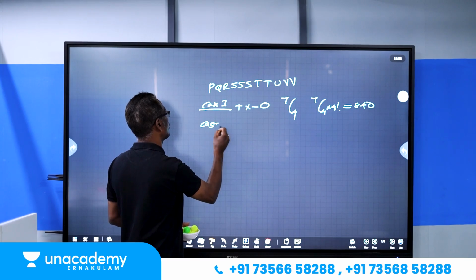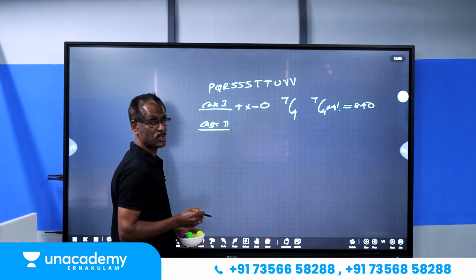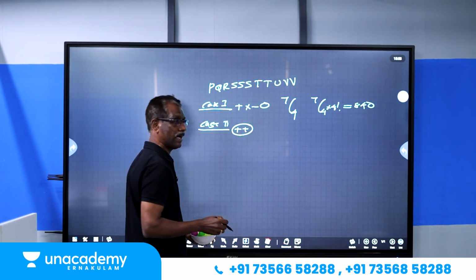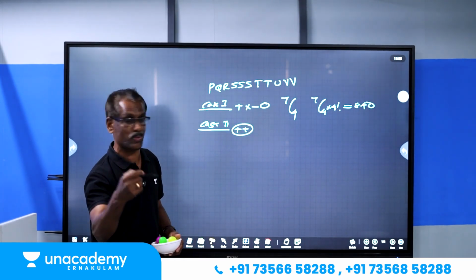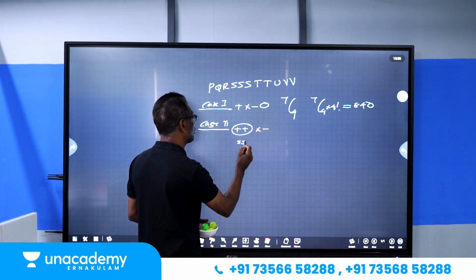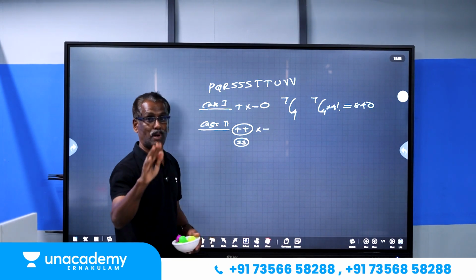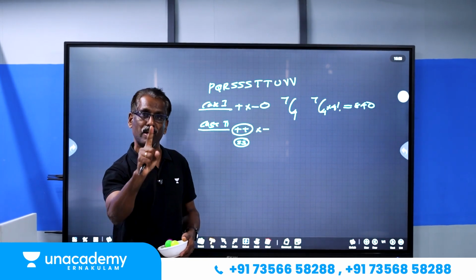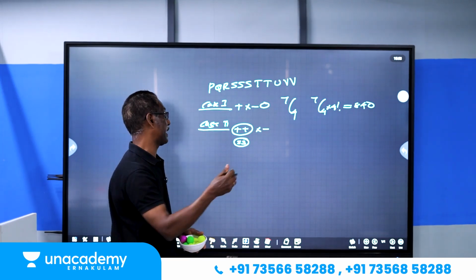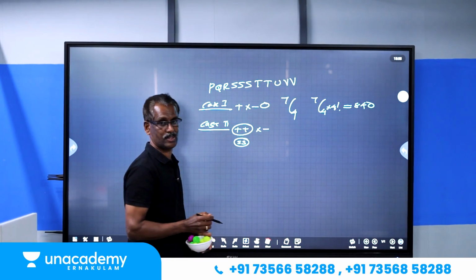Case 2. Case 2 means 2 letters identical of the same kind, remaining 2 letters distinct. That means you are taking 2 S's. Out of 3 S's, selecting 2 S's, only one way. Remaining how many distinct letters? There are 6 distinct letters.